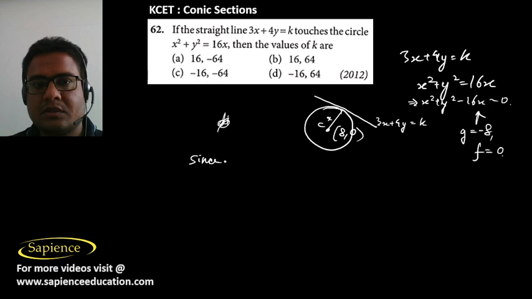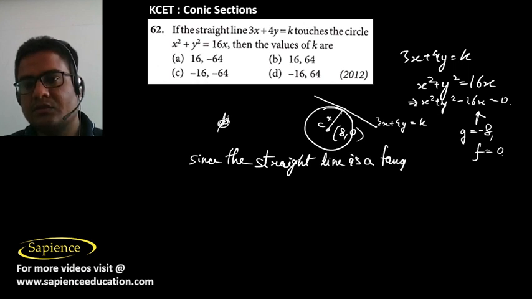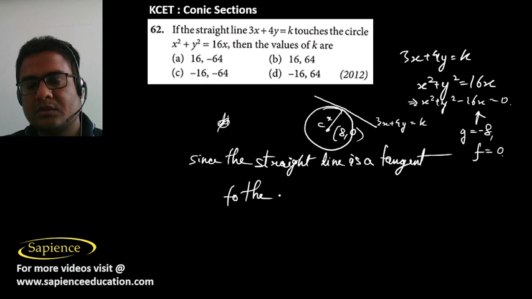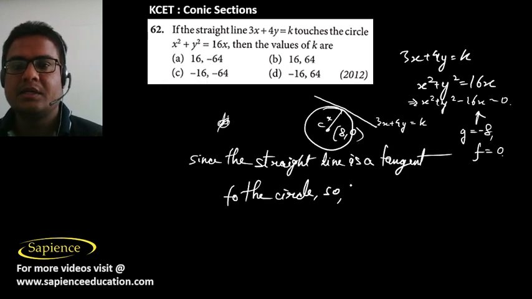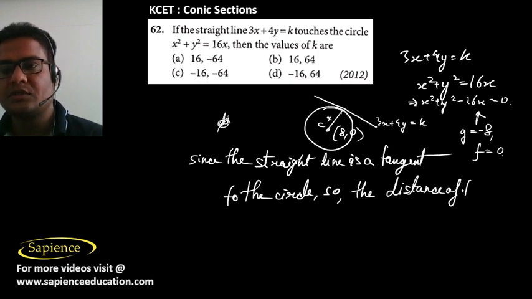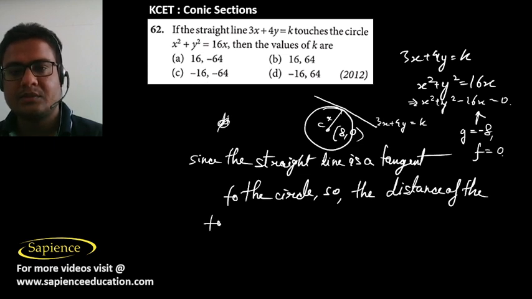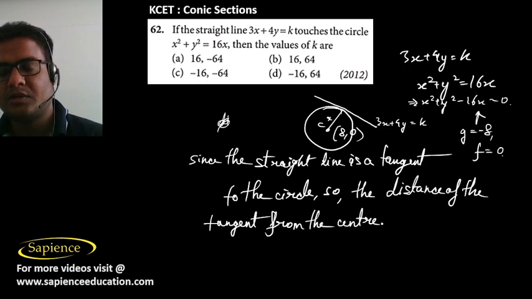Since the straight line is a tangent to the circle, the distance of the tangent from the center of the circle will be equal to the radius of the circle.